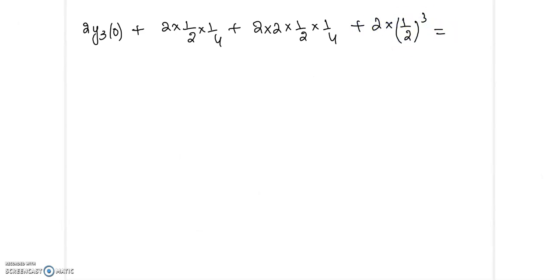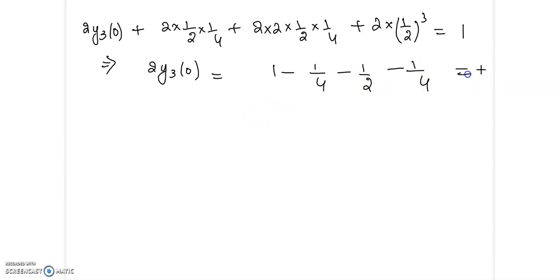So that is equal to 1. So therefore 2 y3 at 0 will be equal to 1 minus 1 by 4 minus 1 by 2 minus 1 by 4. So that is going to be equal to 0. So therefore y3 at 0 is equal to 0.